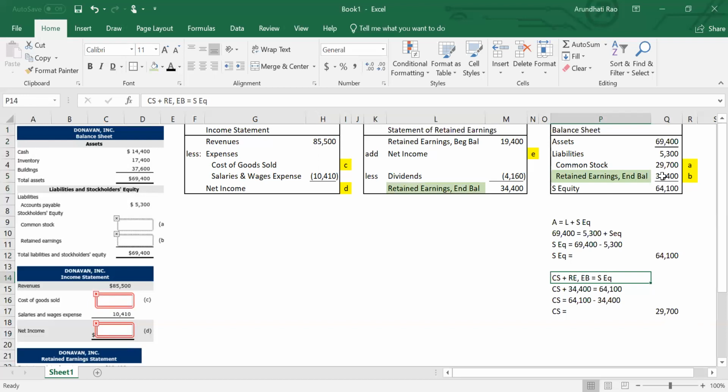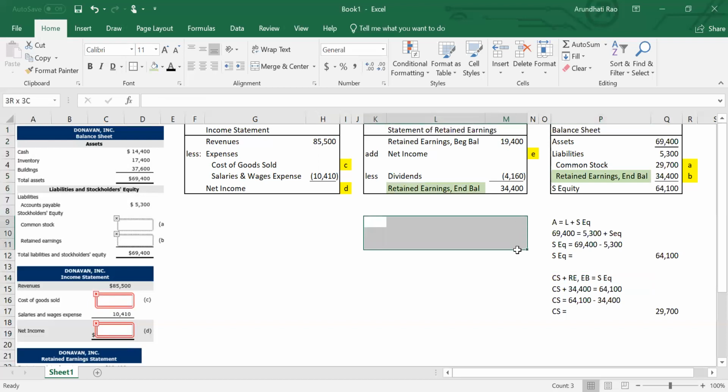Okay, now that I've done that, let's see what I can do over here. Statement of retained earnings. Retained earnings beginning balance plus net income minus dividends gives me retained earnings ending balance. Out of the four items, I know three. So this is very simple. I'm solving for one number that's unknown over here.